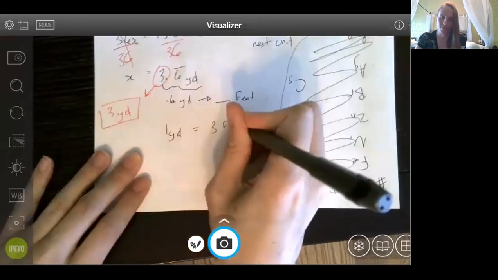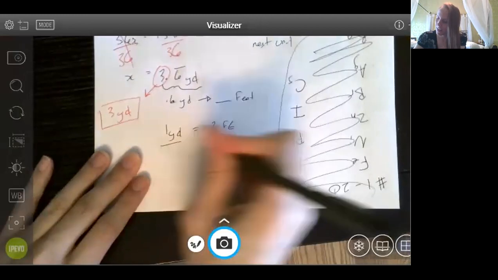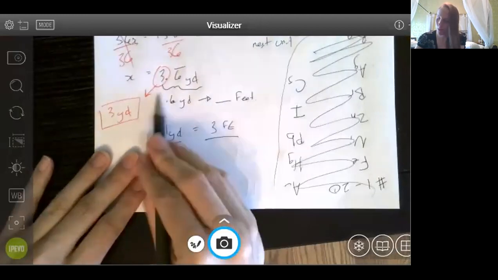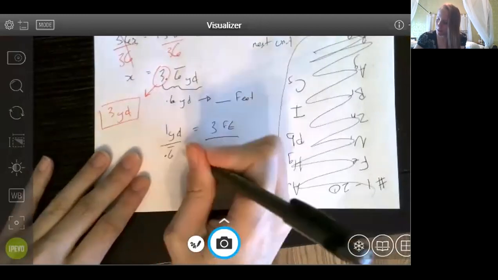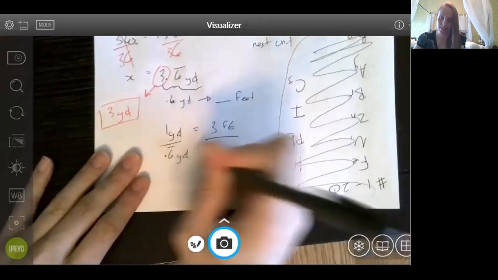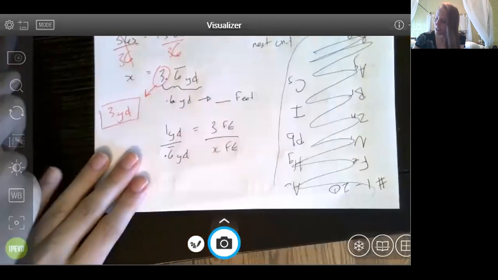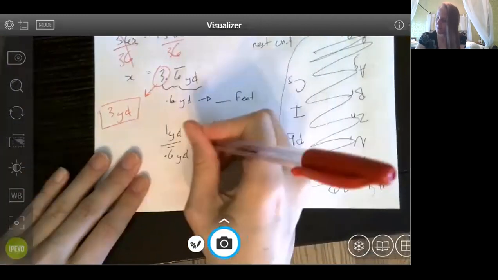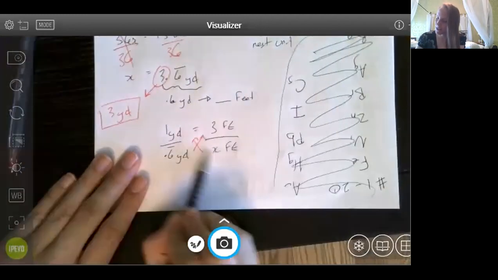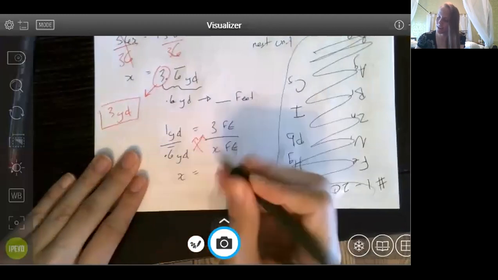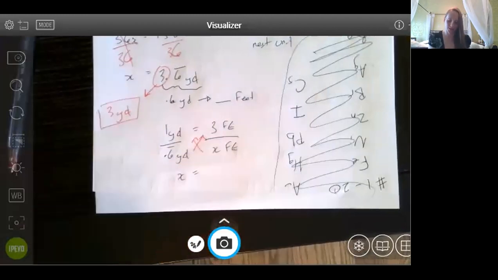So I write out my conversion first. Then I stack my units. So I have 0.6 repeating yards and an unknown number of feet. Then I cross multiply. X times 1 is just X, and 3 times 0.6 repeating is 2.